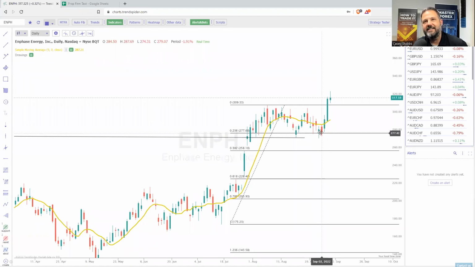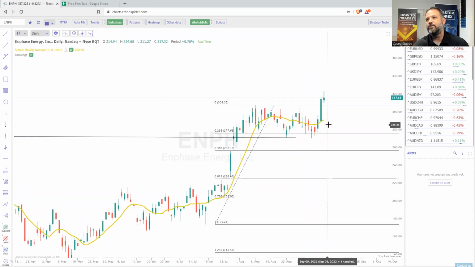And what I mean by that is this price engulfed that. It took the high of that previous candle out. That's a bullish engulfing candle. And so that, again, is another confirmation. So we had a lot of confirmation on this trade. And that helps you when you're making decisions. The more things that you have in your favor, the better.